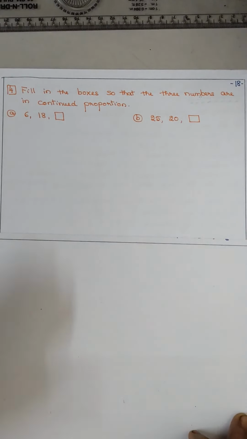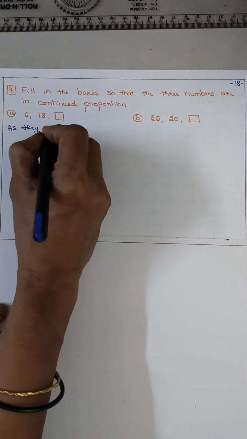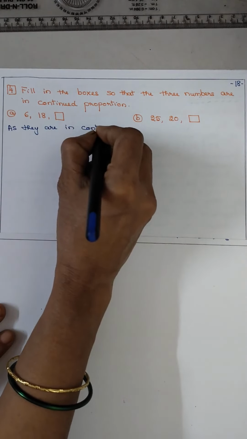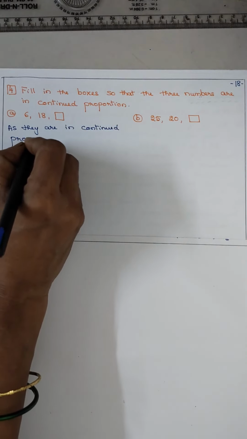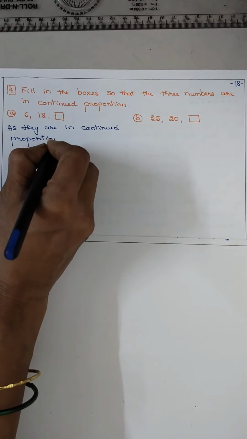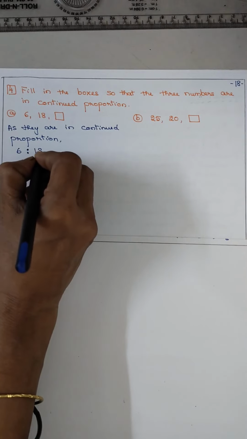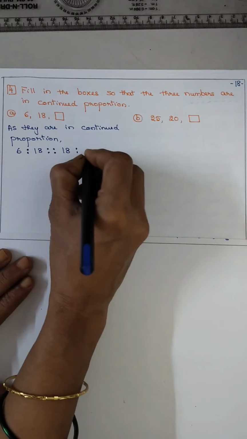Same like the earlier to find out x, but here extra step is, as they are in continued proportion, like in the third sum, we have to write 6 is to 18 in proportion with 18 is to box.